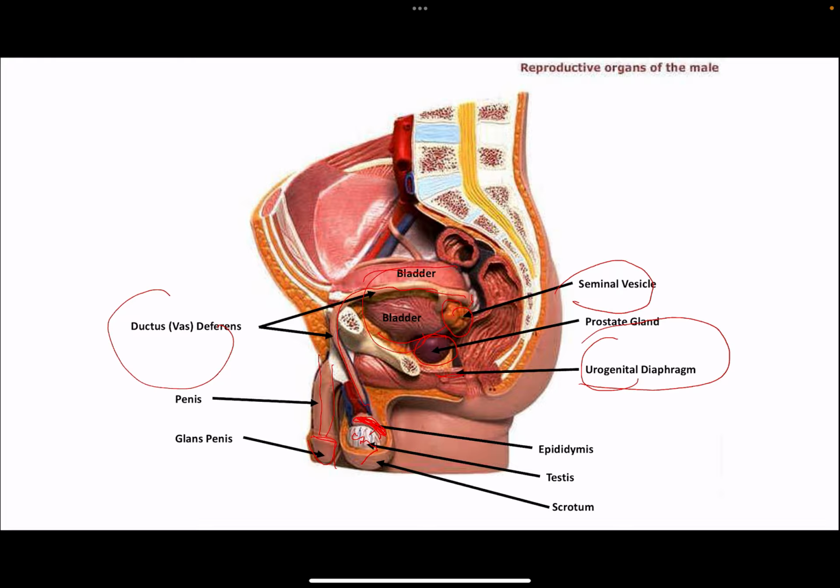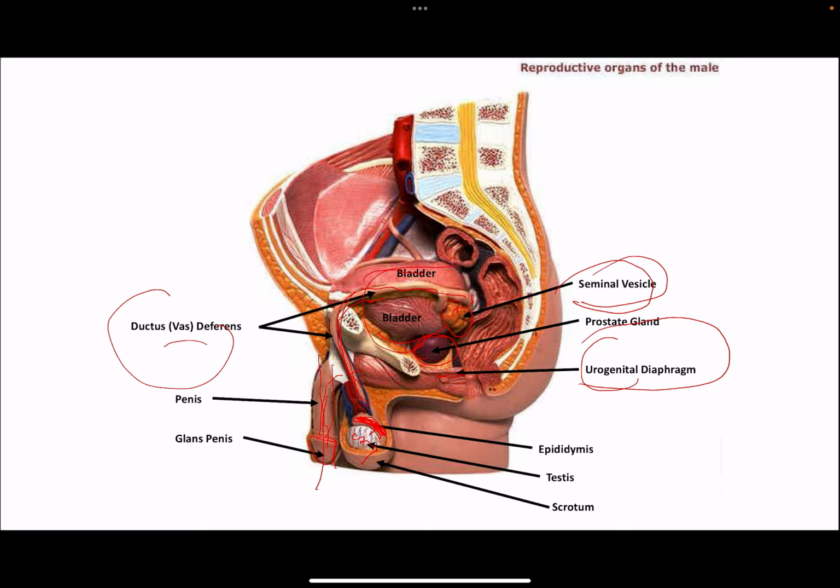Produced here, mature here, travel through the ductus deferens or vas deferens, mix with the secretion from accessory glands like seminal vesicles, prostate gland, and ultimately are expelled through the urethra. That's the pathway.